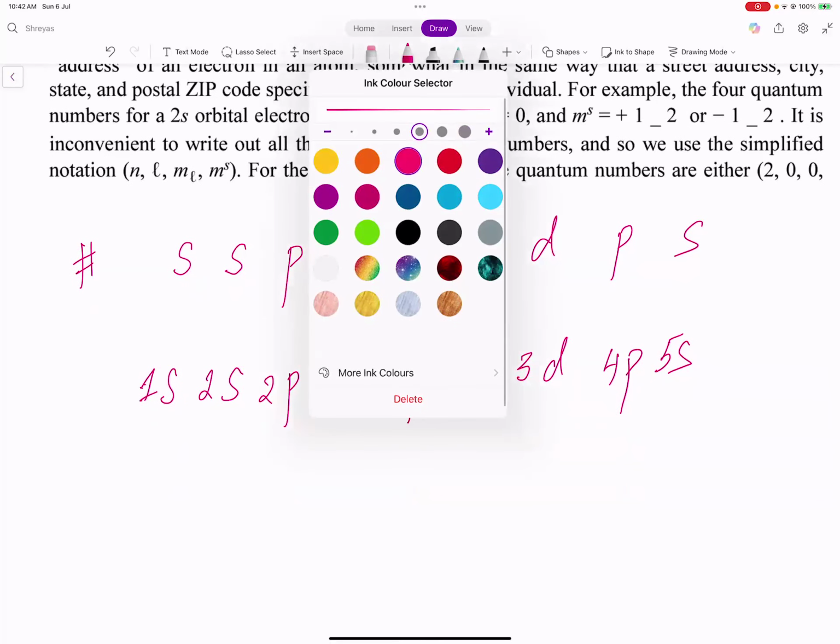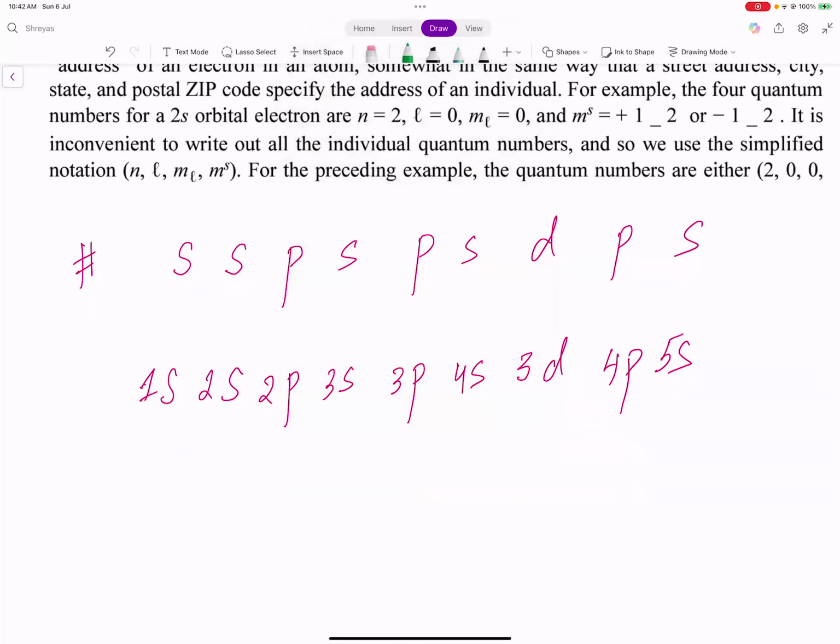In any orbital, we can have two electrons. So s has only one s orbital, so two electrons. The p subshell has three orbitals, so in p a total of 6 electrons can be accommodated, but in any p orbital we can give only 2 electrons.